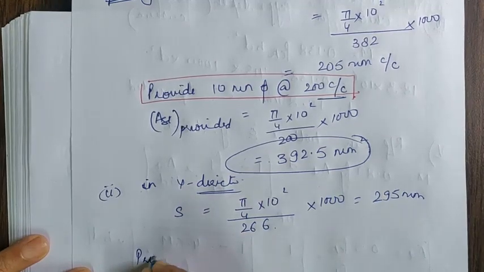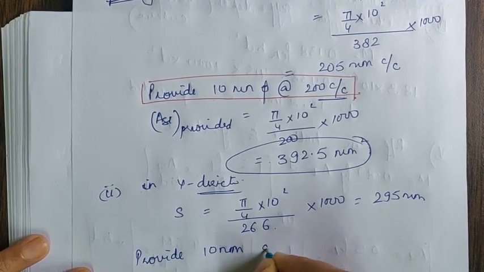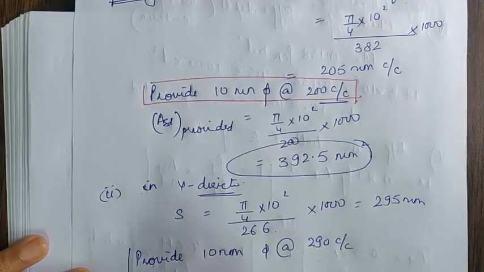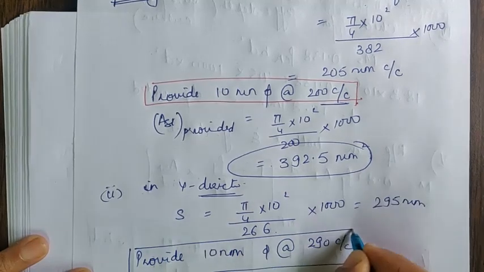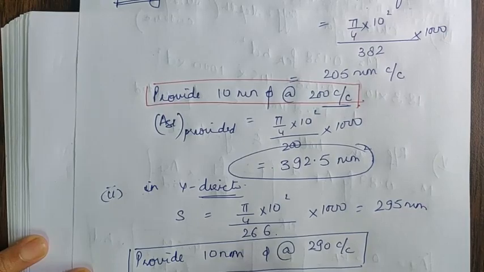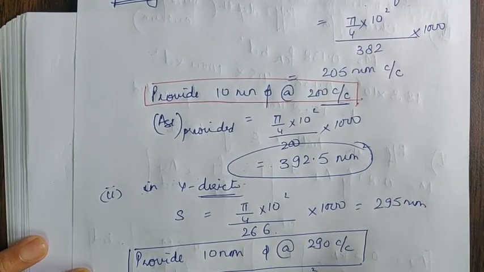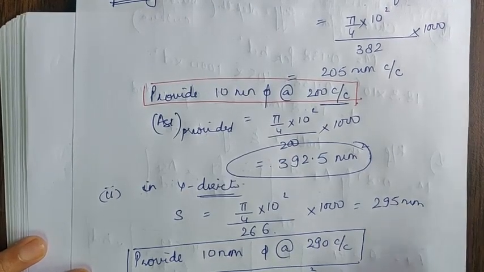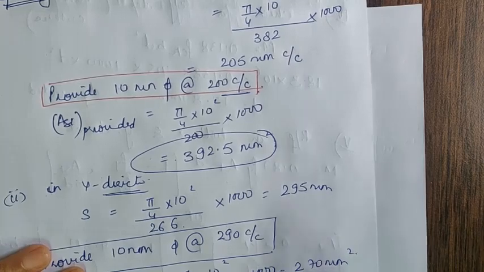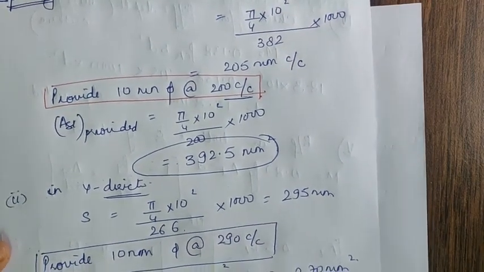So I am providing 10 mm dia at the rate of 290 center to center. AST provided becomes pi by 4 into 10 square upon 290 into 1000, that is 270 millimeter square. Okay. So in this way we have nearly finished the design.